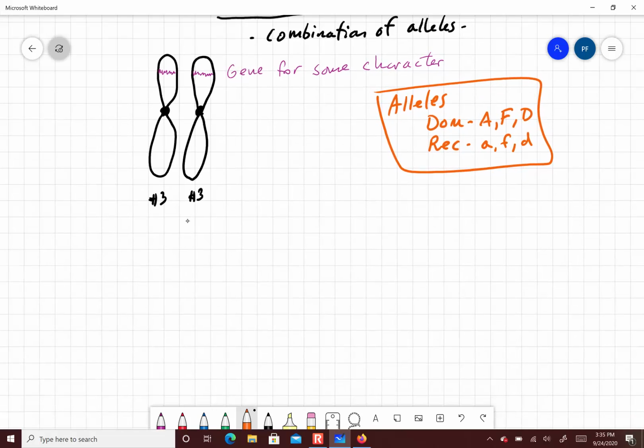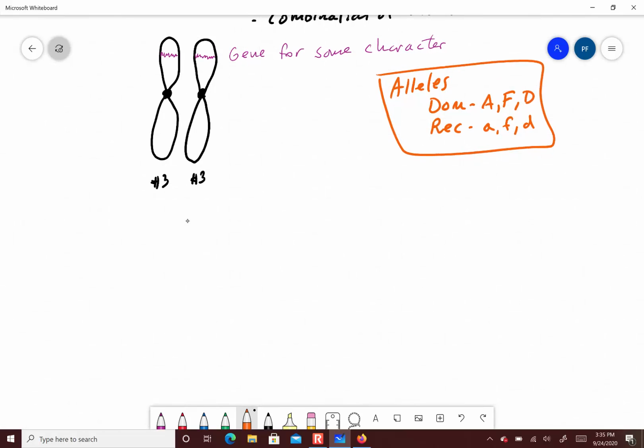So first thing, just think about those combinations we could have. This could be dominant, this could be dominant. This could be dominant, this could be recessive, this could be recessive, this could be dominant, this could be recessive, this could be recessive.